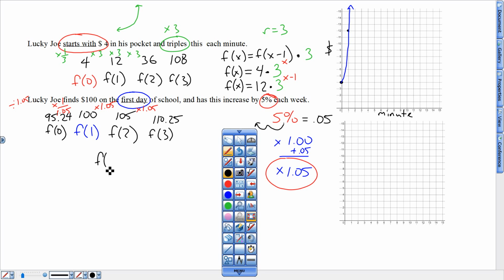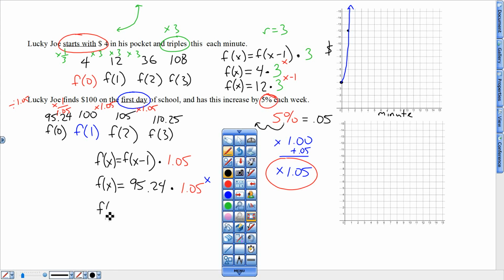All right, writing these forms. Recursive, times that 1.05, increasing by 5%. Explicit, that zero term, times that common ratio number to the x power if I was to use it.